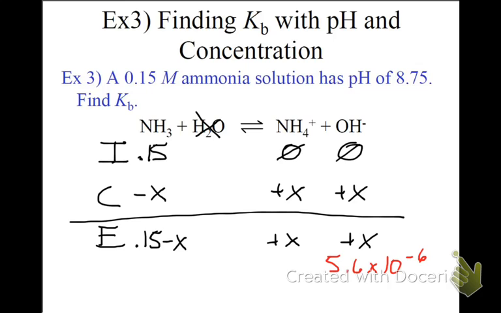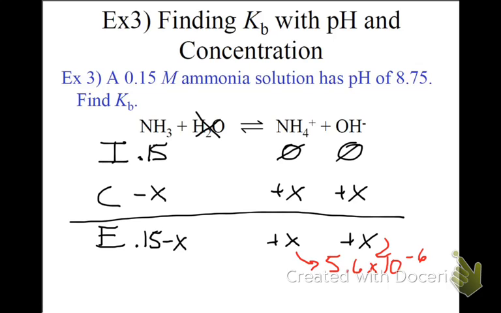And here's the thing, if x in this case equals 5.6 times 10 to the negative sixth, that means ammonium's x is going to be equal to the exact same thing. So this value right here is going to apply to both ammonium and the hydroxide. They're a 1-to-1 ratio, so whatever the hydroxide equals, its counterpart, the cation, has to equal the same thing. And this x right here, over on equilibrium for ammonia, it's also going to be 5.6 times 10 to the negative sixth.